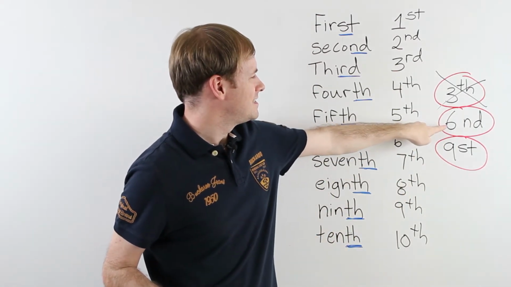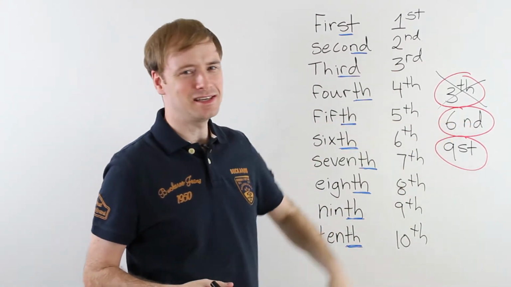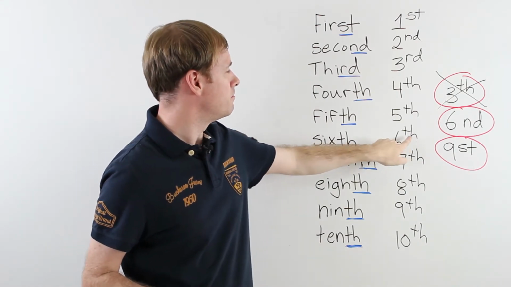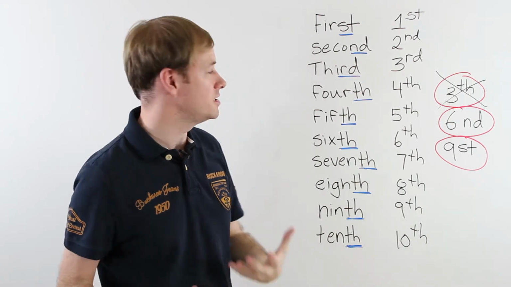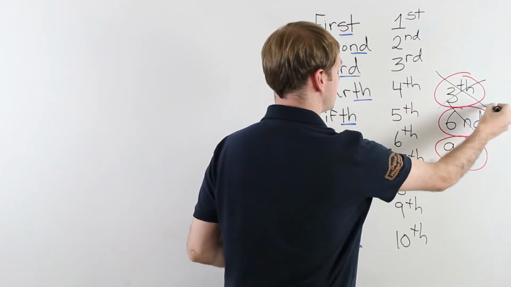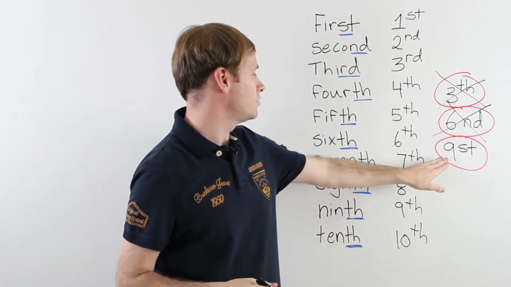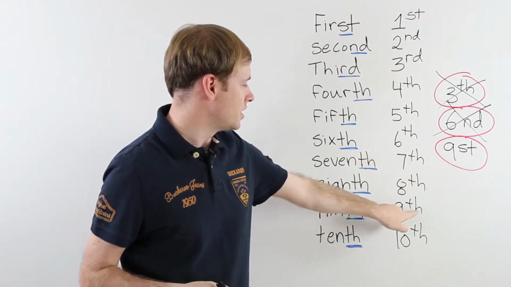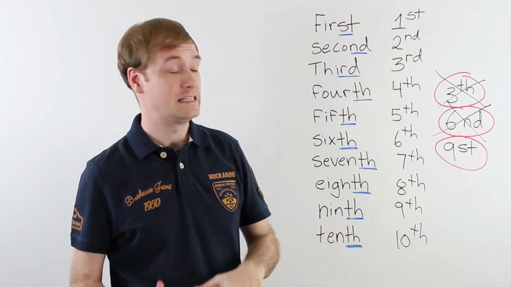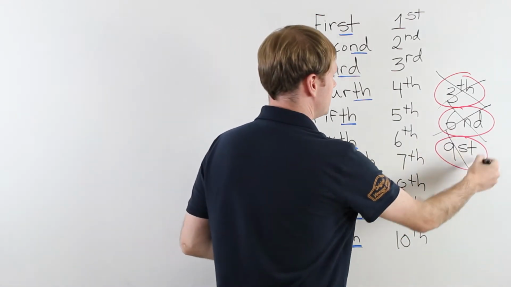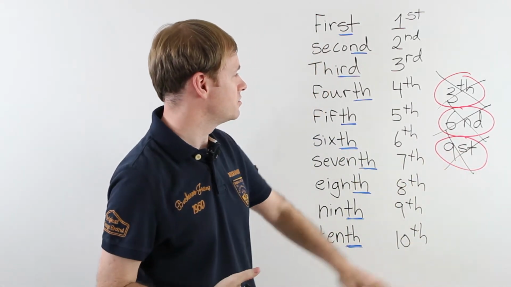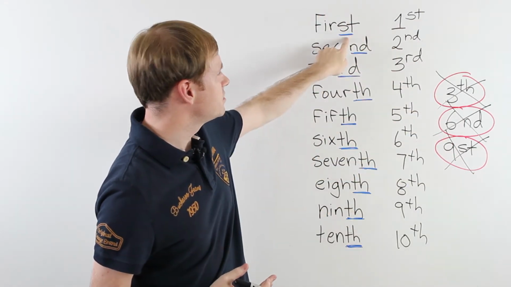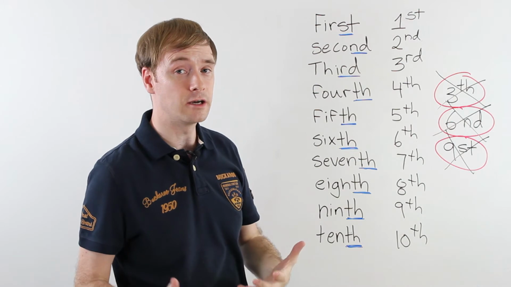Next one, second, again, that is impossible because sixth must have th. And the last one, ninth, well, ninth must have th. So these are impossible. So you have to be very careful writing these numbers. They must use the last two letters.